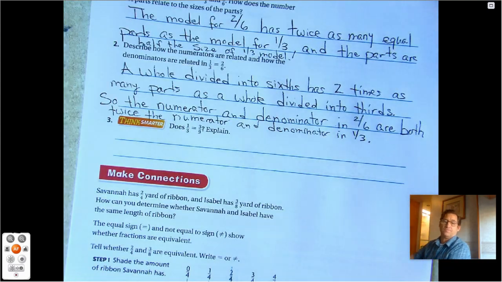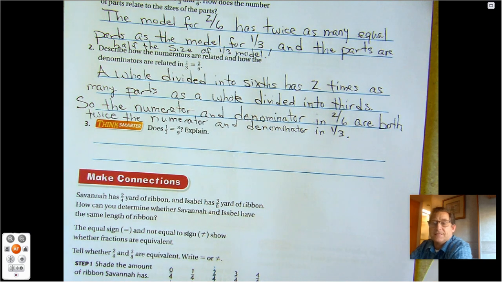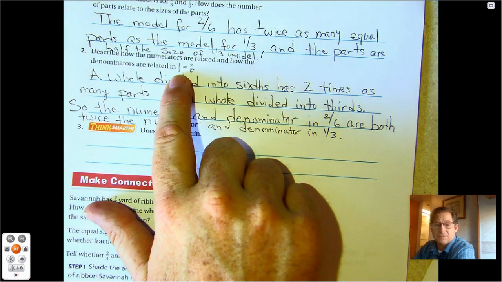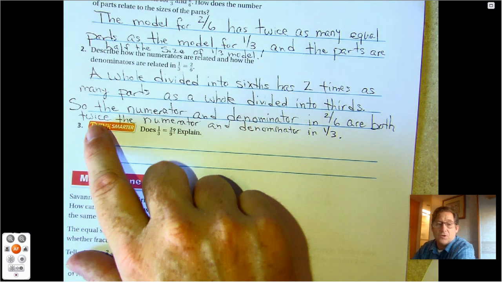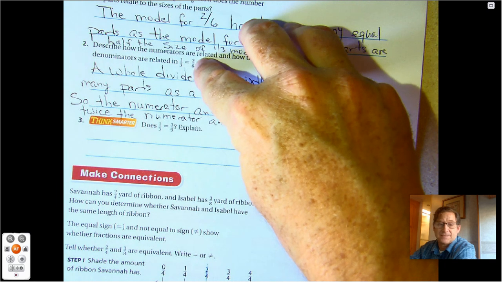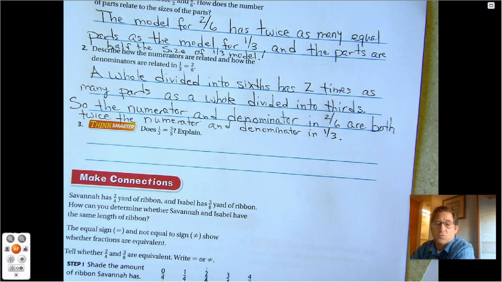Okay. So a whole divided into 6 has 2 times as many parts as a whole divided into thirds. We look here, and 6 is 2 times as much as the thirds. So the numerator and the denominator in 2/6 are both twice the numerator and denominator in 1/3.